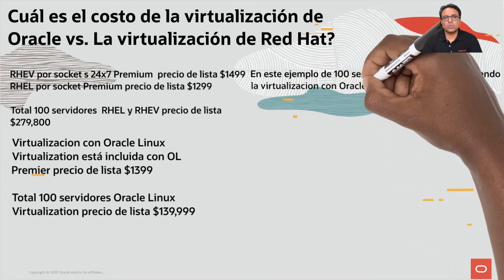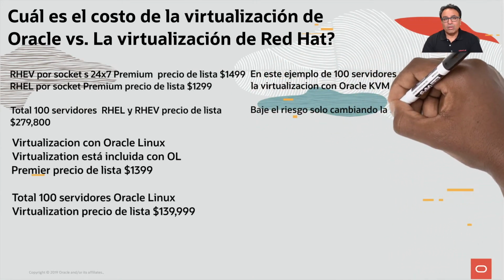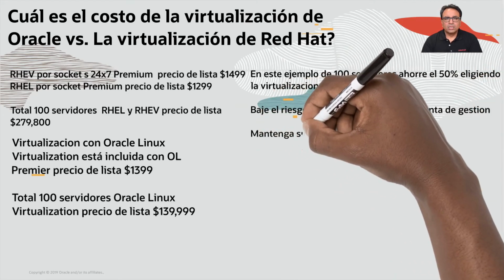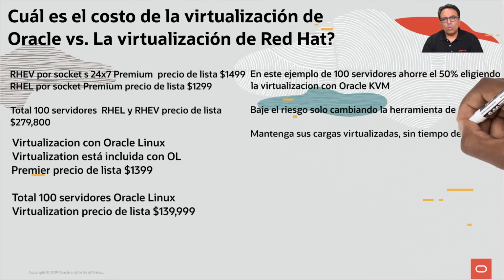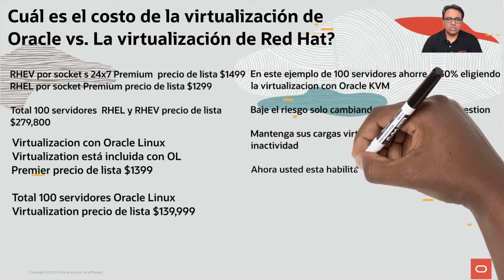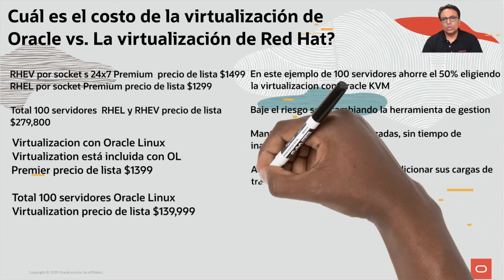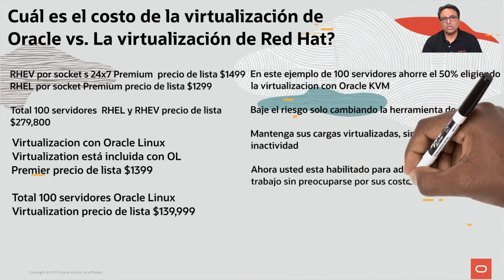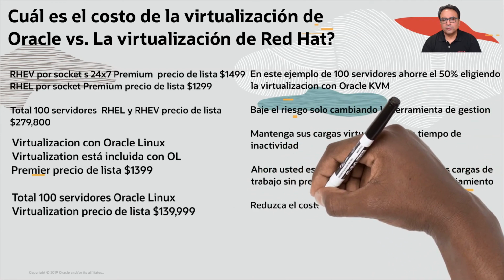When you take Red Hat's pricing, it's about that much lower than VMware. So if you're already thinking about moving from VMware to Red Hat Virtualization, then you want to consider Oracle KVM with Oracle Virtualization Manager, because it could be that much lower cost.